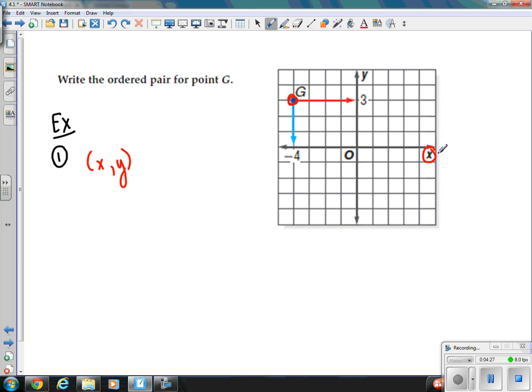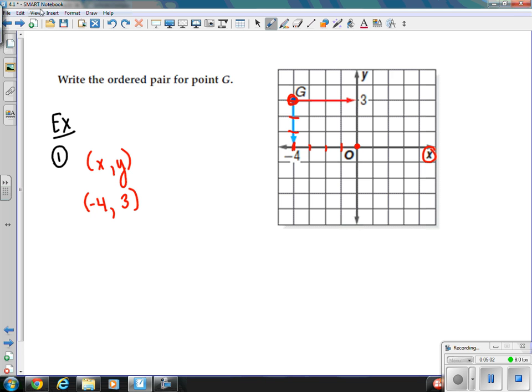So I'm going to start at the origin, and from the origin, I'm going to have to go left to get to G. I'm going to have to go left 1, 2, 3, 4 times. Since I went left, it's a -4. And then from where I stopped, I'm going to see how much I have to go up. I'm going to have to go up 1, 2, 3. And since I went up, it's a +3. So that's all we have to do.